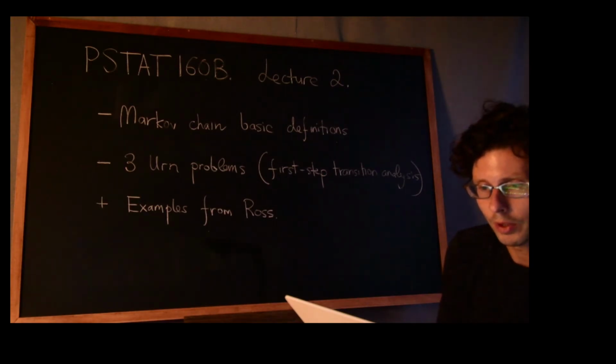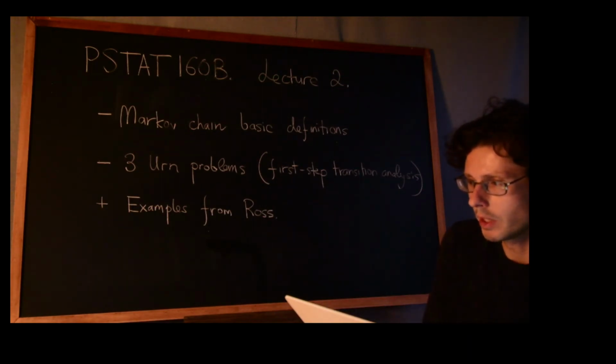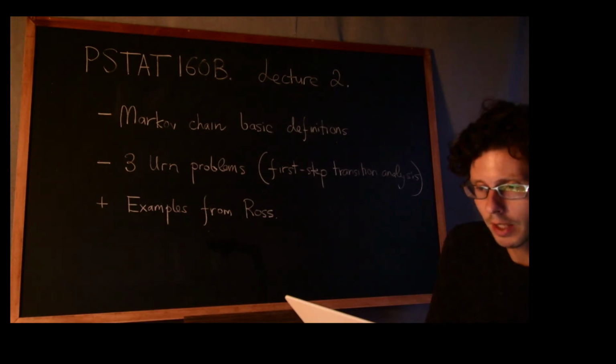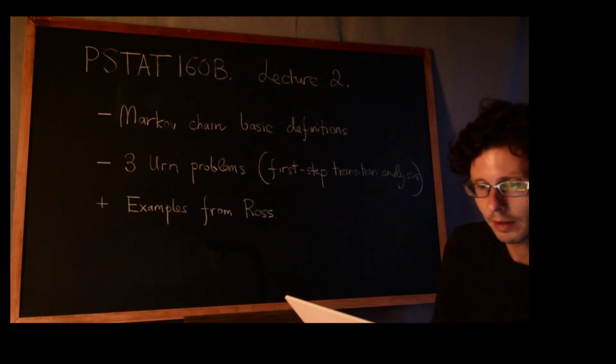And so in the next segment, what I'll start with is getting some of the basics out of the way, the Markov chain basic definitions, like what's a Markov chain. I'll mention some of the examples from Ross you should be reading, and then after that, the next 3-4 clips, we'll systematically go through 3 worked problems, 3 Markov chains, and I'll show you how I think about them, and how to get your head around some of the calculations that are important, right?